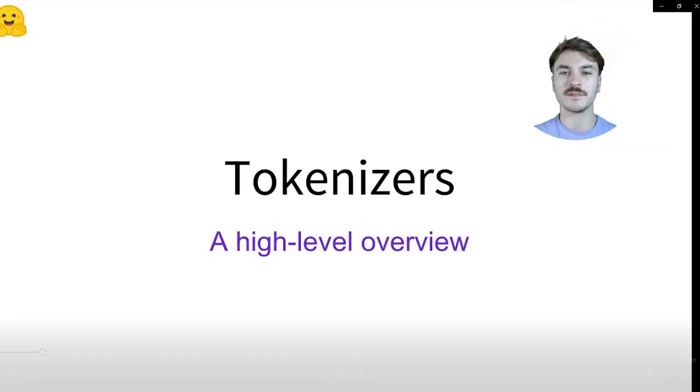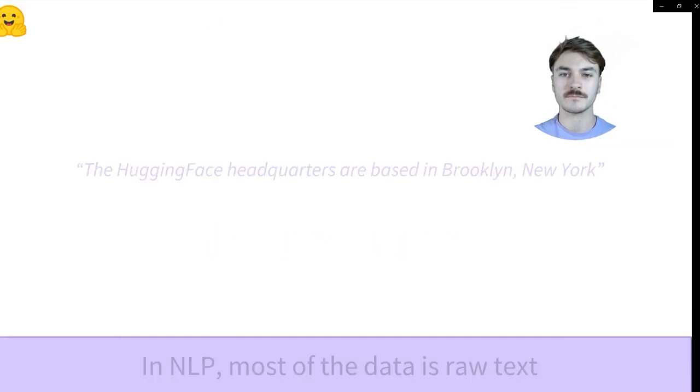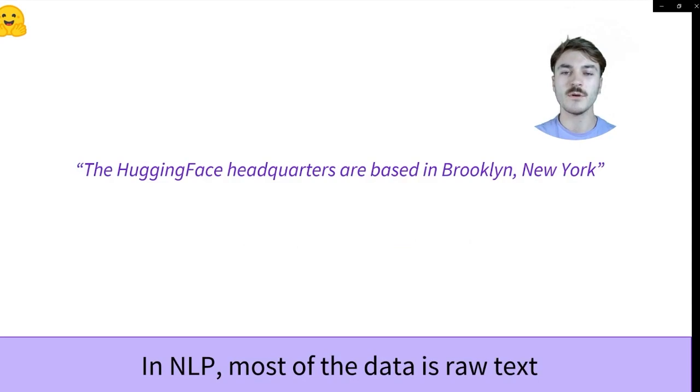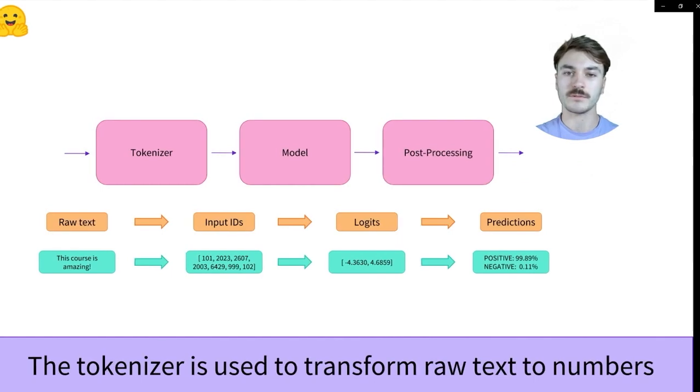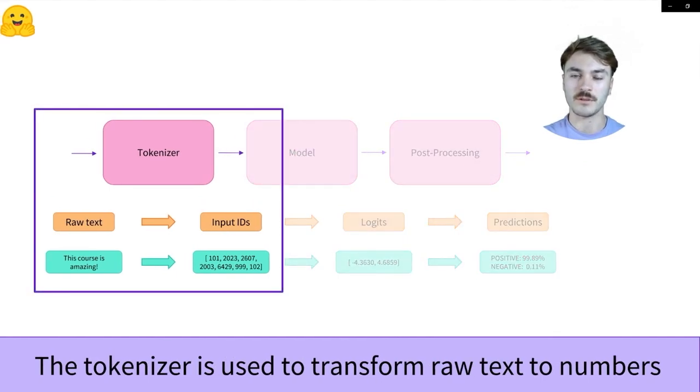In the next few videos, we'll take a look at the tokenizers. In natural language processing, most of the data that we handle consists of raw text. However, machine learning models cannot read or understand text in its raw form. They can only work with numbers. So the tokenizer's objective will be to translate the text into numbers.